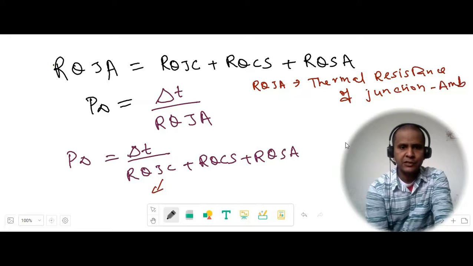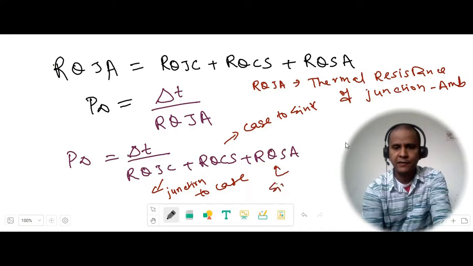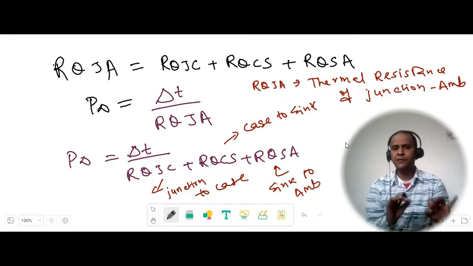This is the thermal resistance of junction to case. What is R theta CS? That is the thermal resistance of case to sink. And what is R theta SA? R theta SA is the thermal resistance of sink to ambient. So we know all three values: R theta JC, R theta CS, and R theta SA.